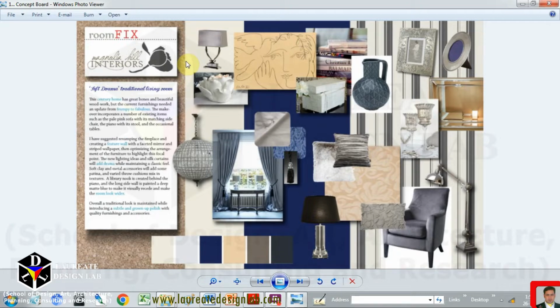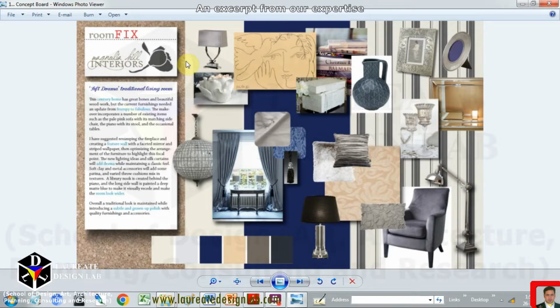Concept is nothing but an idea, or a plan, or a thought process in the mind that you want to create this space in such a way. So the concept board and the mood board are the same thing, but some people call it a concept board, some people call it a mood board.